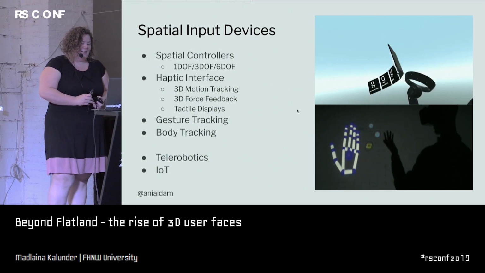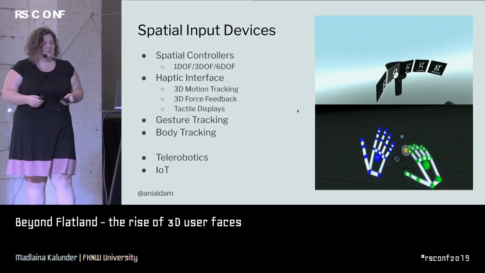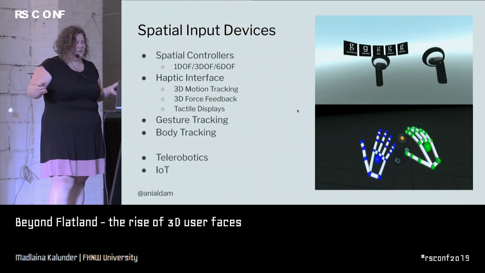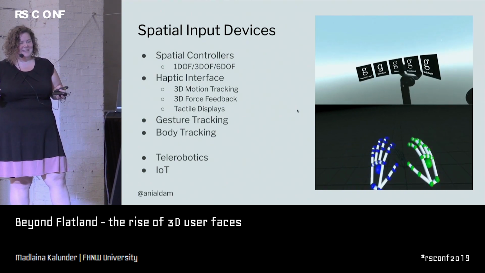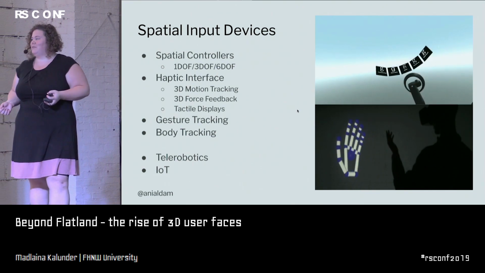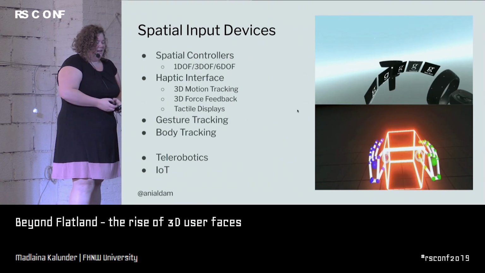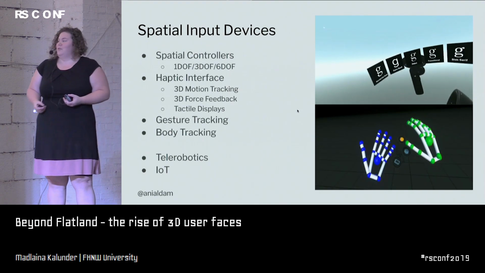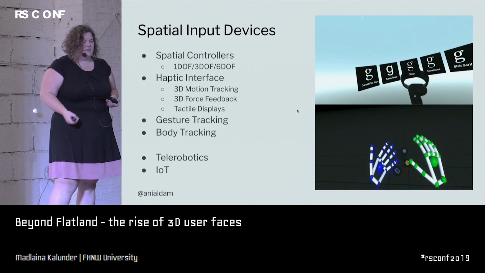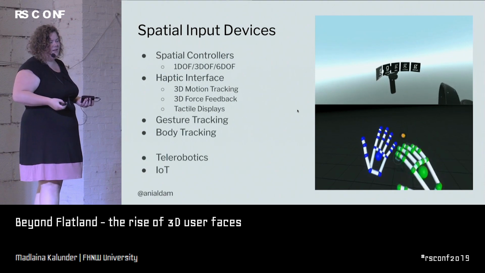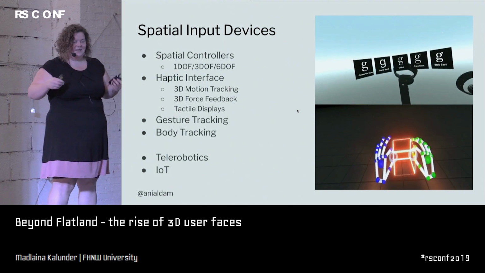So this is the part of 3D user interfaces where it gets really interesting, because we have a lot of different devices that we need to understand, but we also need to understand what they are good for and when we should use them. So as a bit of overview, we have spatial controllers. This is what you actually know from the VR headsets, from AR headsets, or what's coming up now.